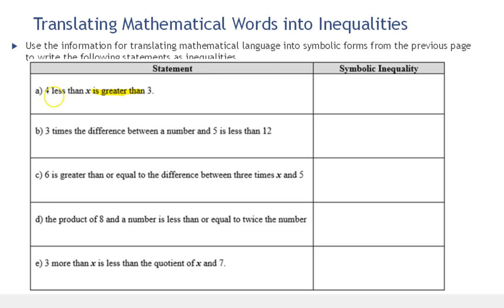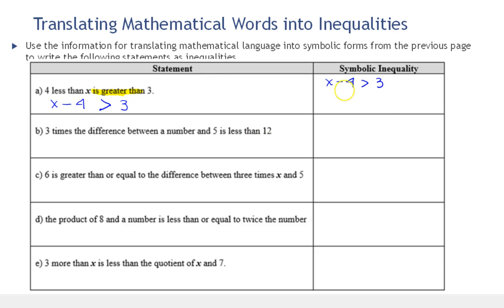There's no is here, so 4 less than x means take x and subtract 4. Now we have is greater than, so this is the greater than symbol, and the quantity 3 is on the right-hand side of the inequality. So our symbolic inequality, we will write x minus 4 is greater than 3.